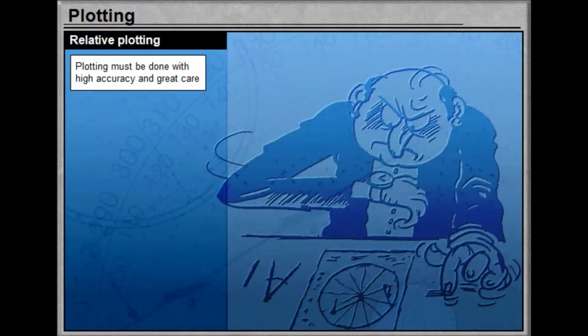Regardless of the selected plotting method, plotting must be done with high accuracy and great care if it is to be of any value. Therefore, with too much traffic, accurate plotting by hand can be impossible simply because it's too time-consuming.